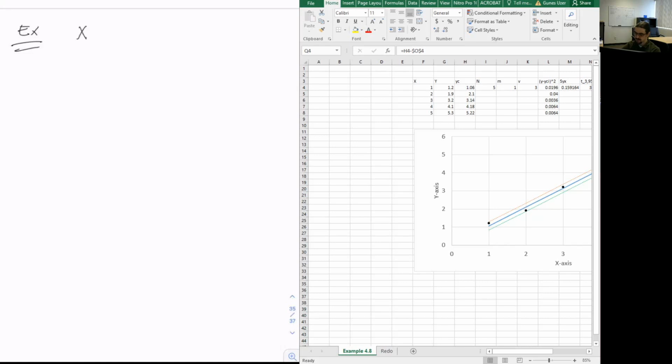We have X values measured in centimeters. Those were 1, 2, 3, 4, and 5 centimeters. Let's say you had an LVDT, and an LVDT can be something like that, and basically you can move that LVDT left and right, and based on that extension L, it will give you basically a voltage output, right?